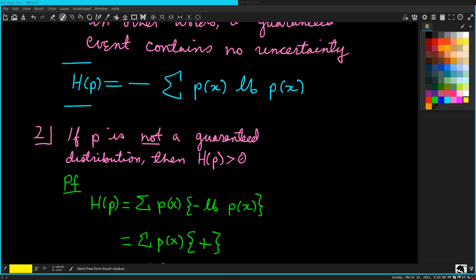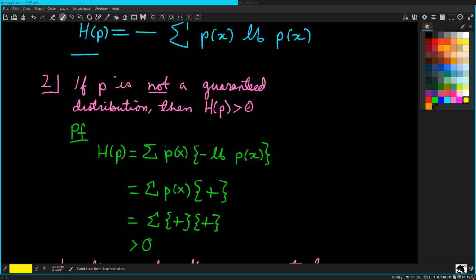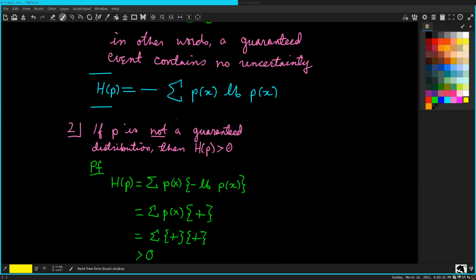If P is not a guaranteed distribution, then the entropy of P is greater than 0. Let's establish this. The way you establish this is by establishing that there's no term in this sum that's negative, despite this minus sign. The reason is because probability is always between 0 and 1, so the logarithm of probability will always be negative.